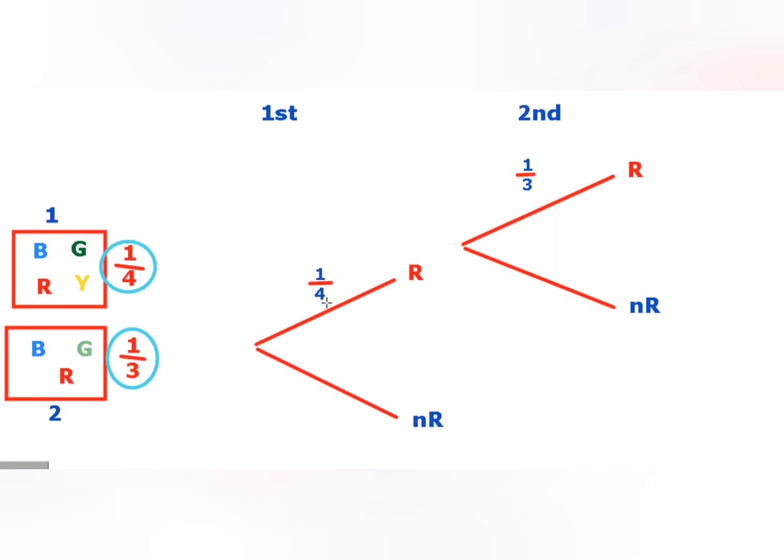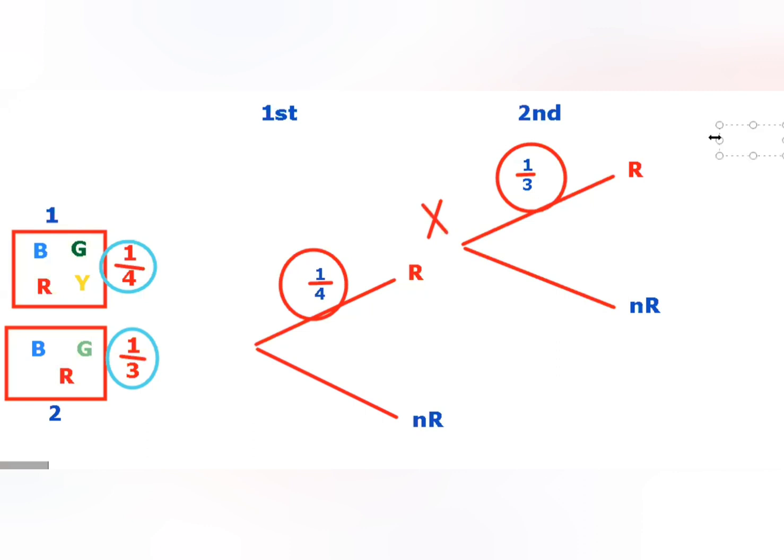That's why we call these events dependent events, because they depend on each other. And because they are dependent events, we have to multiply the probabilities of their events. So we multiply 1 over 4 by 1 over 3, and the answer will be 1 over 12.